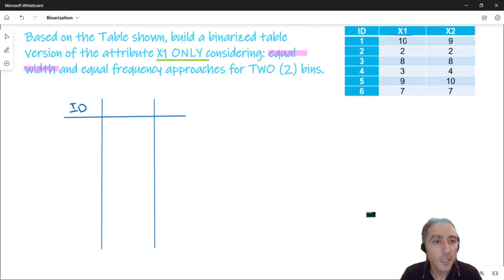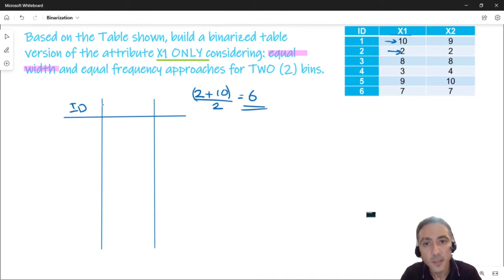Simply, we need to know the width or the range of the values that x1 may take. The smallest value for x1 is 2, while the highest value x1 can have among these 6 objects is 10. In order to split up, I need to find the split point. So simply I can take 2 plus 10, divided by 2. Then I get the value 6.